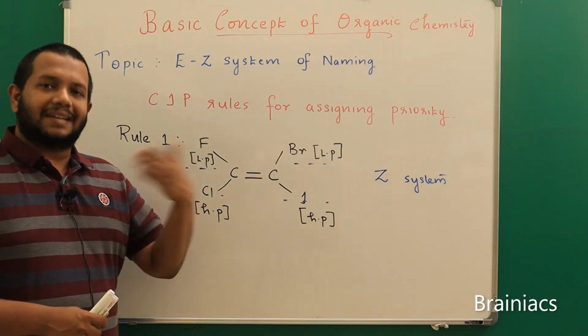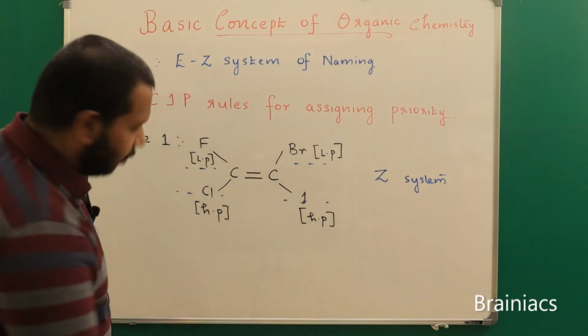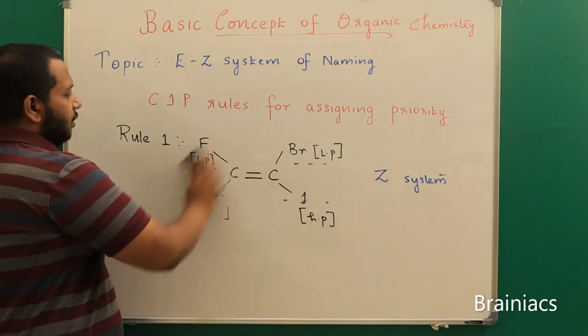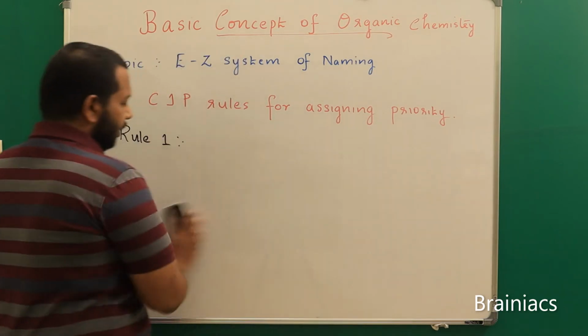Now let's see the second rule. So do I need to write rule 1? I will write rule 1 for you so that you can also note it down. This is the example. Now let me write rule 1 for you.